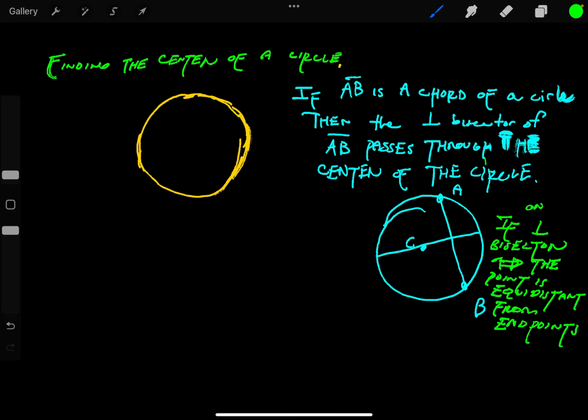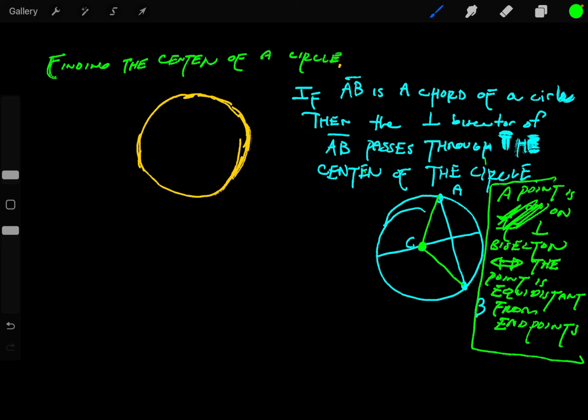Or we should put it as if and only if: a point is on the perpendicular bisector if and only if the point is equidistant from the endpoints. So the center C is the same distance from C to A as from C to B. So by this theorem, the center must be on the perpendicular bisector of AB, and that proves this theorem here.